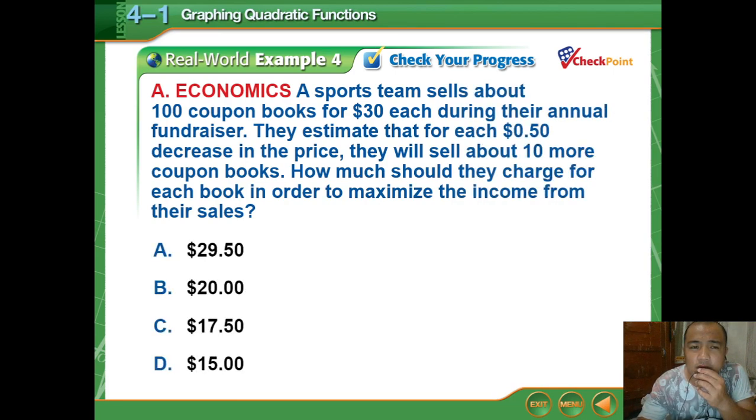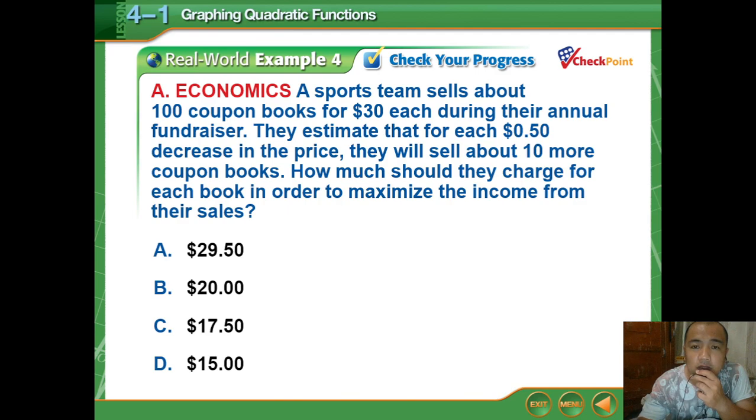A sports team sells about 100 coupon bands for $30 each during their annual fundraiser. They estimate that for each $0.50 decrease in the price, they will sell about 10 more coupon bands. How much should they charge for each band in order to maximize the income from their sales? Is it A, $29.50? B, $20?